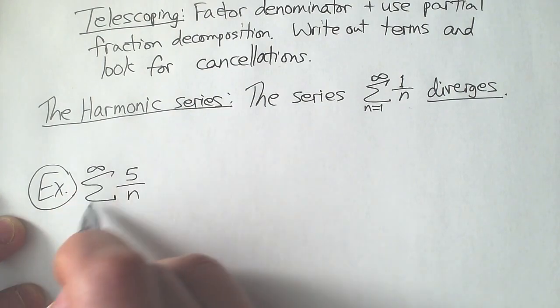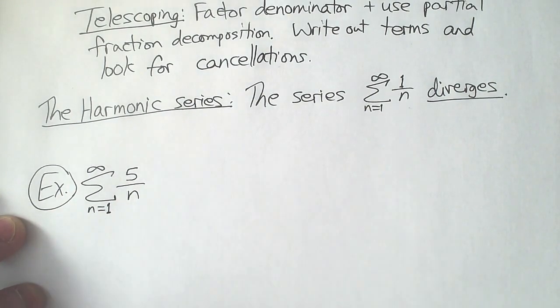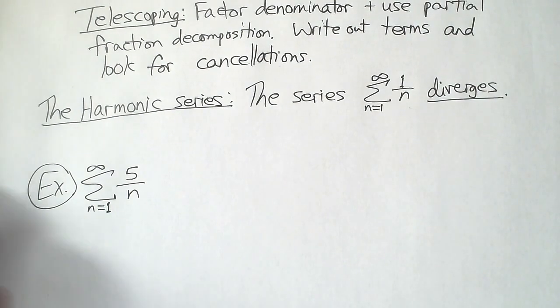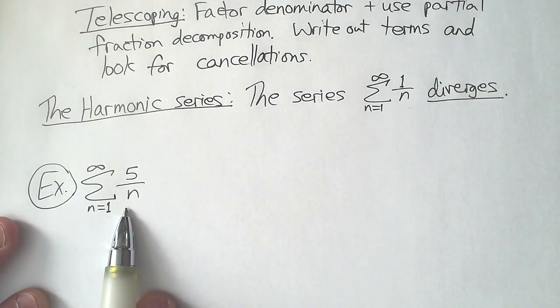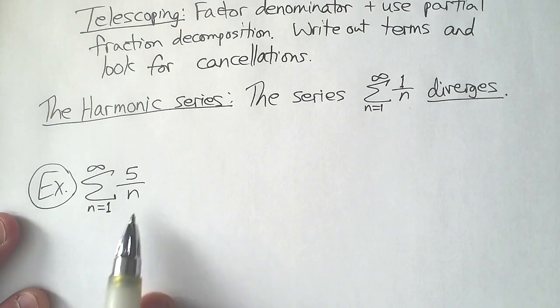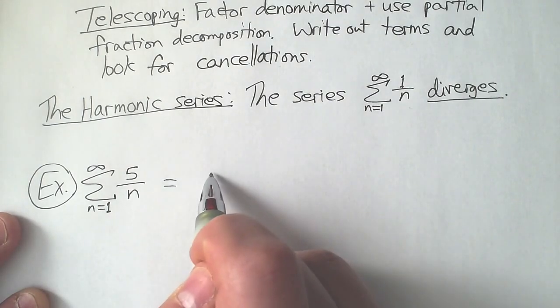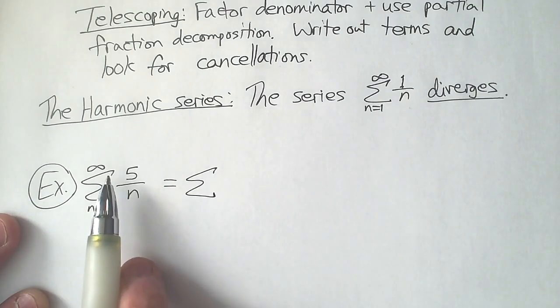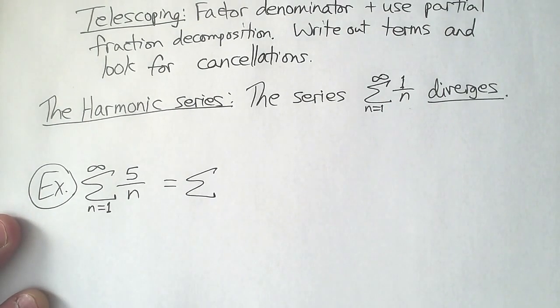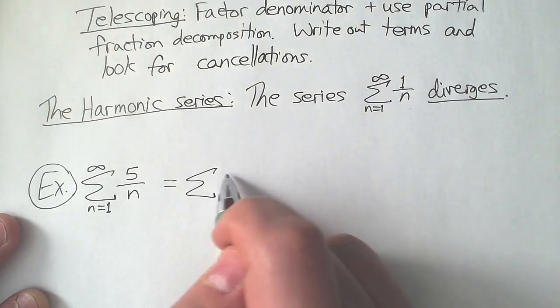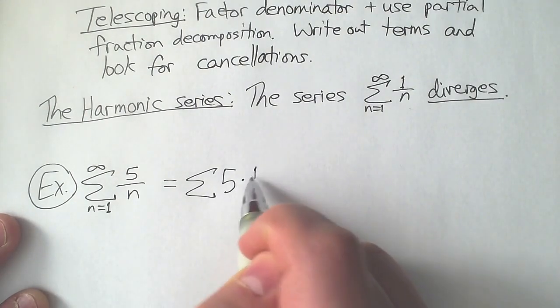All right, here's an example. You could pause this and try this one on your own. It's the usual question. Does it converge or diverge? If it converges, find the sum. This one is actually pretty fast. What I wanted you to notice is that 5 over n is the same as 5 times 1 over n.